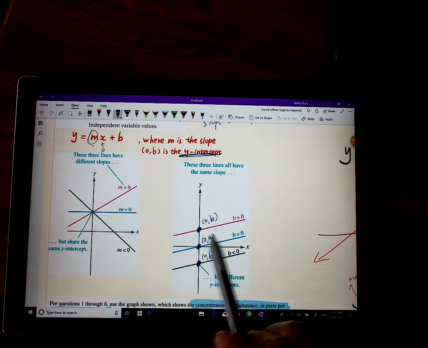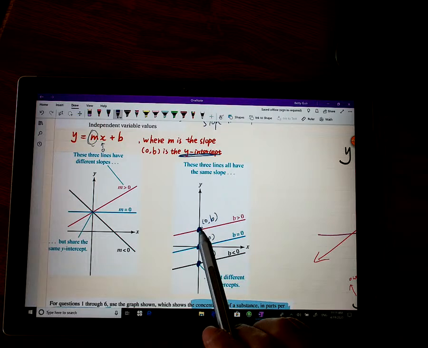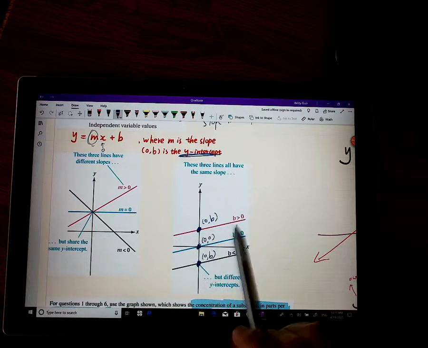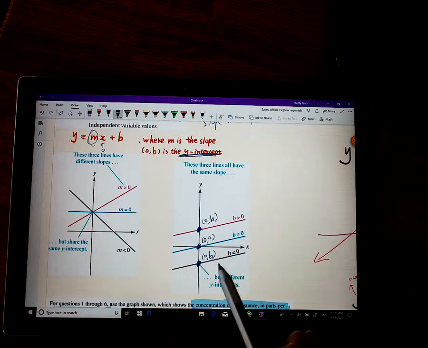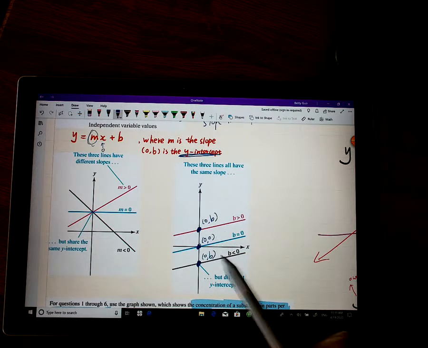Slope determines how the straight line goes from one point to another, the direction. You can see the steepness, where slope describes the steepness of a straight line. You can see those three straight lines have the same steepness. They are parallel. In algebra, we know if straight lines are parallel, then they have the same slope.